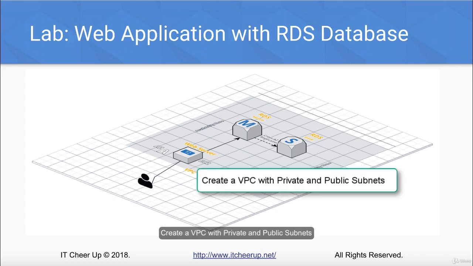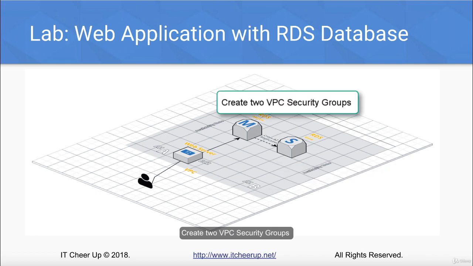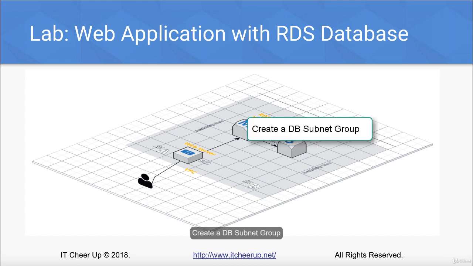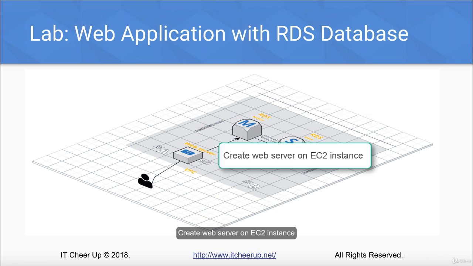First, create a VPC with private and public subnets. Create additional private subnet. Create 2 VPC security groups for a public web server and a private RDS DB instance. Create a DB subnet group. Create a RDS DB instance. Create web server on EC2 instance.